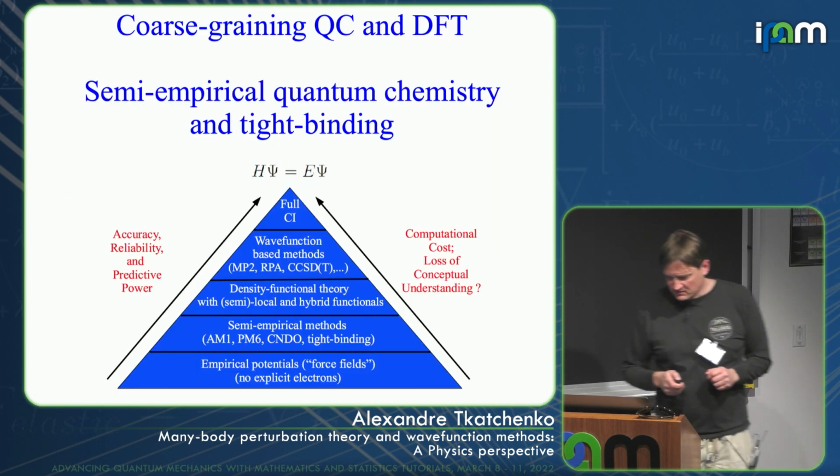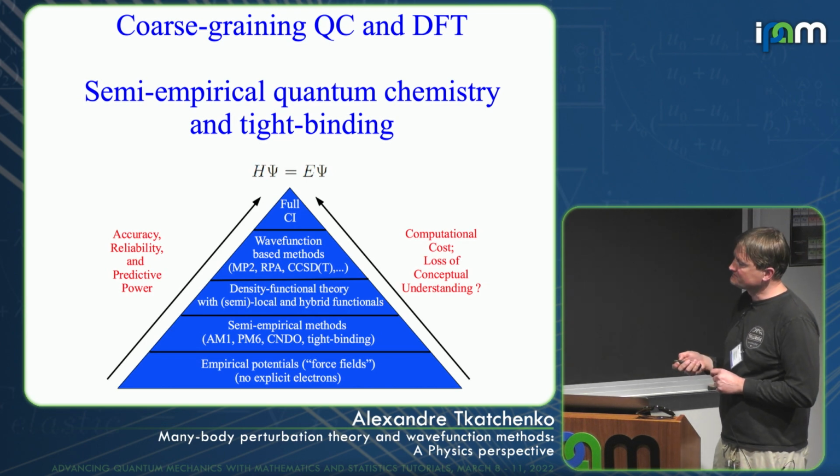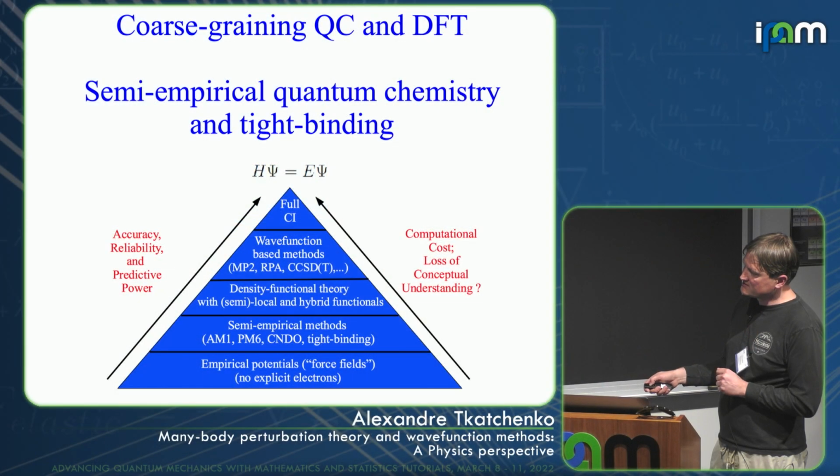Okay, so in the last 2 minutes, let me talk about the last range of approaches here. We talked about all of these different methods, but as I already said, there are also semi-empirical approaches that essentially coarse grain degrees of freedom that you have at the DFT level or in the wave function-based methods.